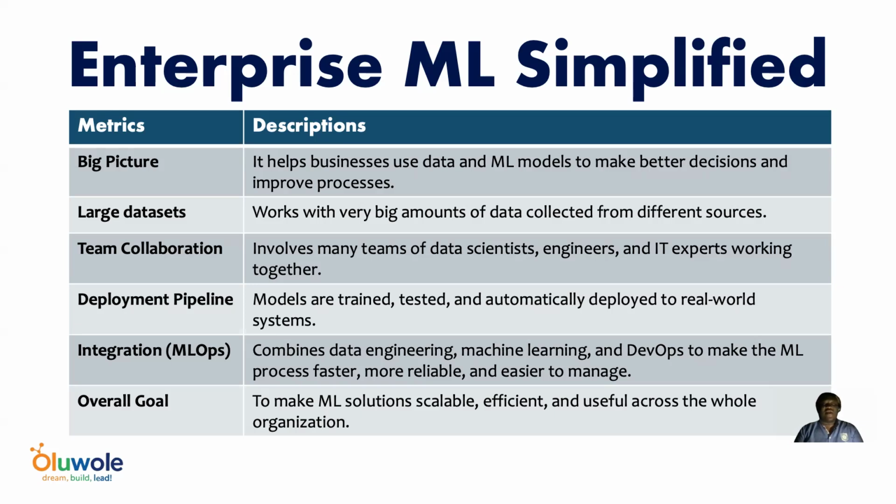When I talk about machine learning operations, it combines data engineering, machine learning, and DevOps to make the ML process faster, more reliable, and easy to manage. So you need all these people from diverse fields. Later on, you'll be seeing the meaning of MLOps and DevOps.